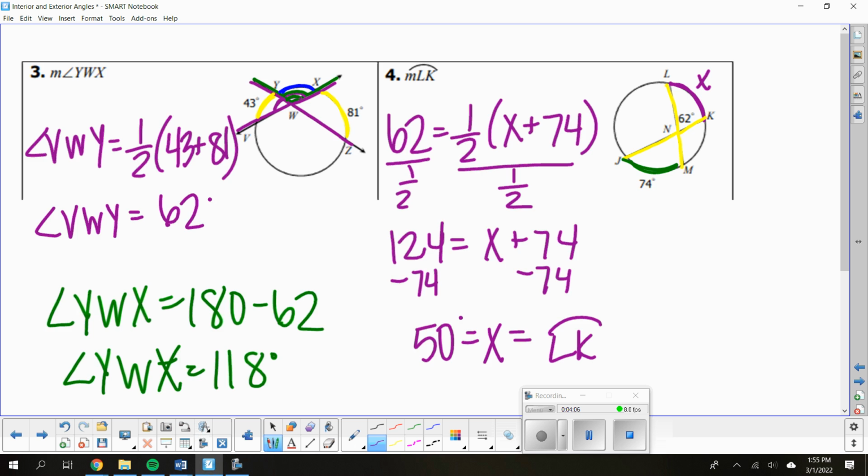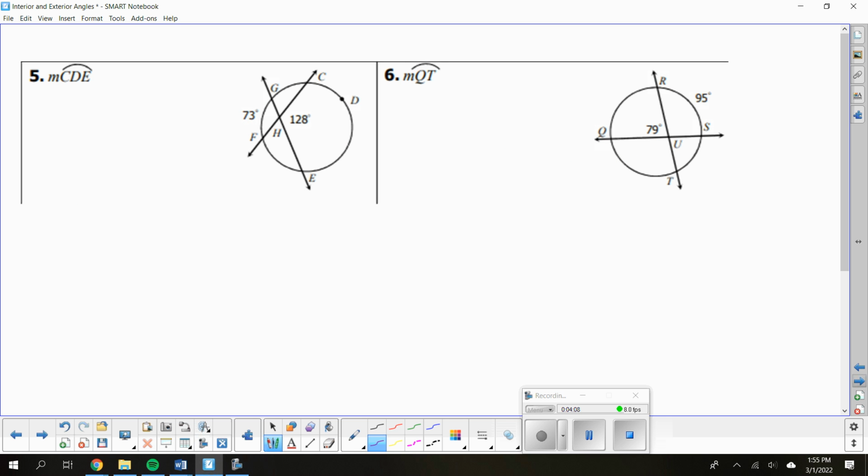Okay, let's look at number 6. I am asked to find arc UT. If I look, that traces down to this angle, and it's vertical to the other side where I have arc 95. The problem is, the angle is equal to half the two arcs, and my middle angle, I don't have that.